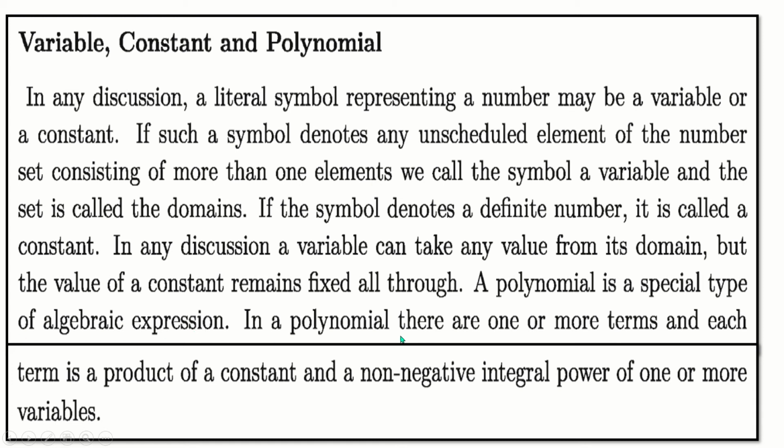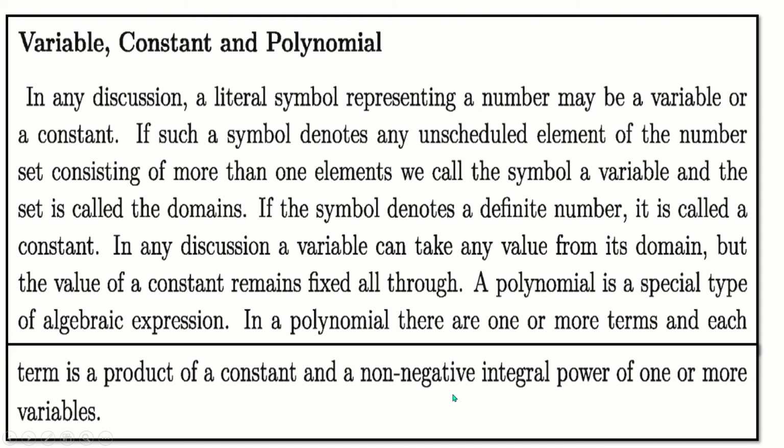In a polynomial, there are one or more terms, and each term is a product of a constant and a non-negative integral power. Non-negative integral power means the power will be non-negative, that means all positive integers with 0.